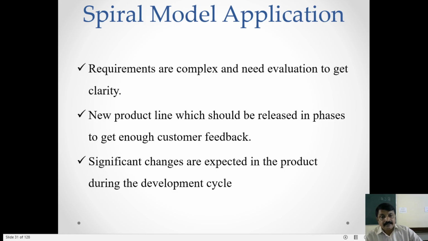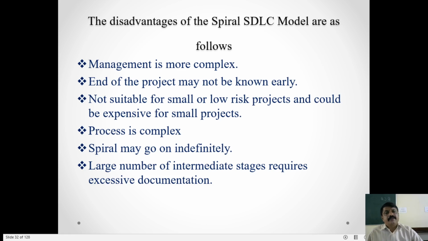Because after completing the particular spiral only, then only can you go for the next. There is interdependency. If something happens, we can check it in the previous one. That's why for large or complex projects, we can use this spiral model.